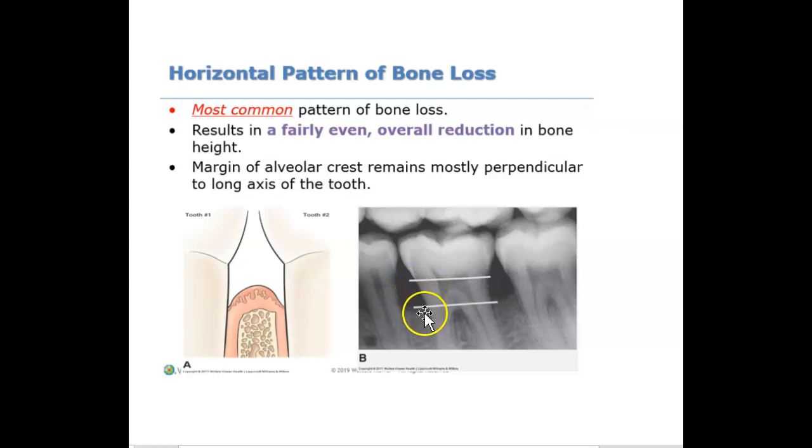However, when someone has bone loss, it goes below the normal ideal level. With horizontal bone loss, instead of a nice peak where we would see the alveolar crest, we see a little bit of fuzziness like so, and a straight line can be drawn through. This is the most common type of bone loss that we see.